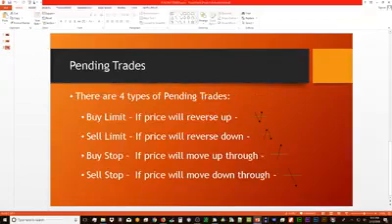Now, the thing that possibly gets individuals tripped up are the pending trade types. There are 4 types of pending trades. We have the buy limit, and we would use this if we think price will reverse up.